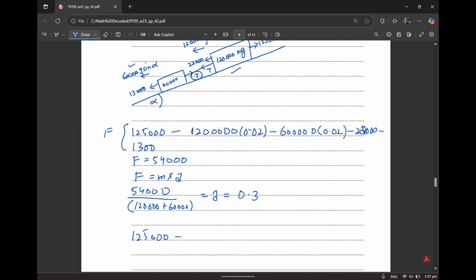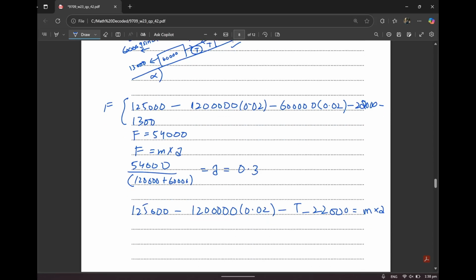125,000 minus 120,000 G 0.02 minus tension minus the resistance force acting on it, that's 22,000, is equal to mass into acceleration.